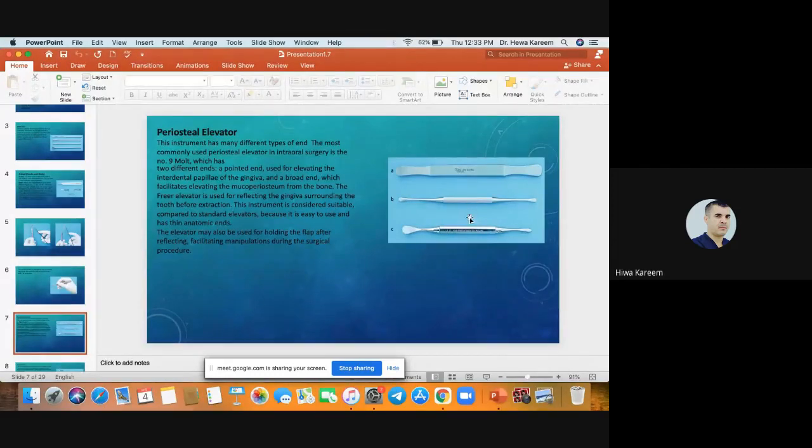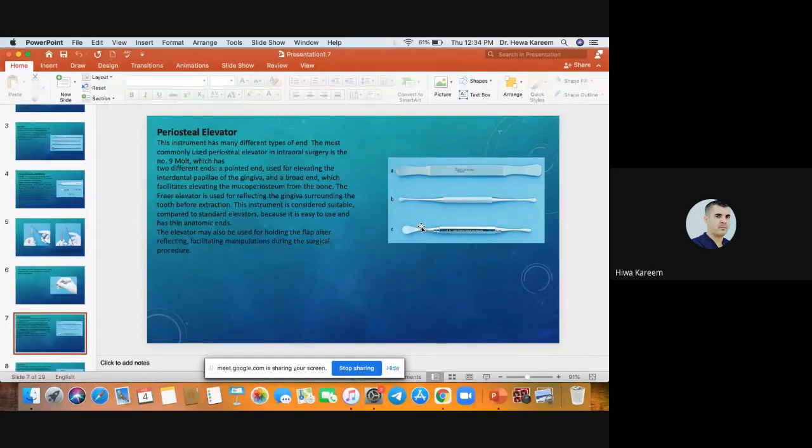The elevator must also be used after the flap, during the surgical procedure. We have two ends: one end is sharp, for the interdental papilla, and the other end is blunt, for elevating the flap. For any surgical procedure, you need the periosteal elevator.